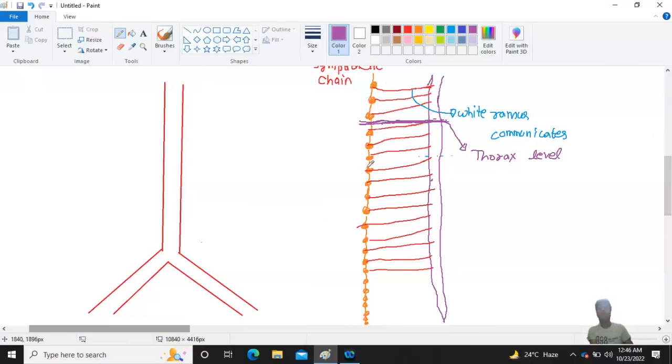From the fifth ganglion, splanchnic nerves are formed: fifth, sixth, seventh, eighth, ninth. All these form one nerve. Let's say this is 1, 2, 3, 4, 5, 6, 7, 8.